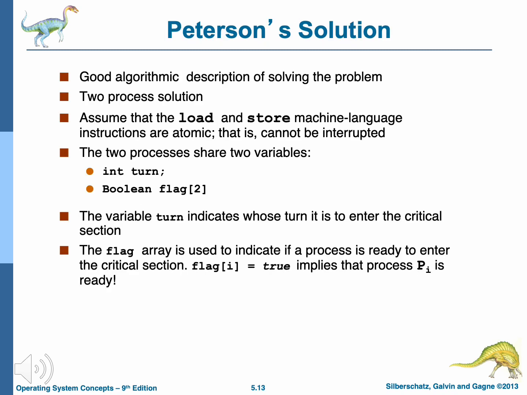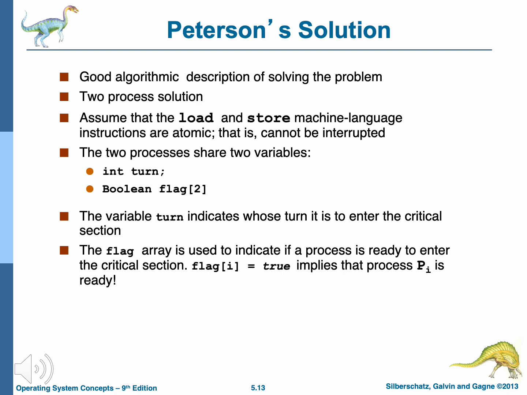Peterson's solution. Next, we illustrate a classic software-based solution to the critical section problem known as Peterson's solution. Because of the way modern computer architectures perform basic machine language instructions such as load and store, there are no guarantees that Peterson's solution will work correctly on such architectures.